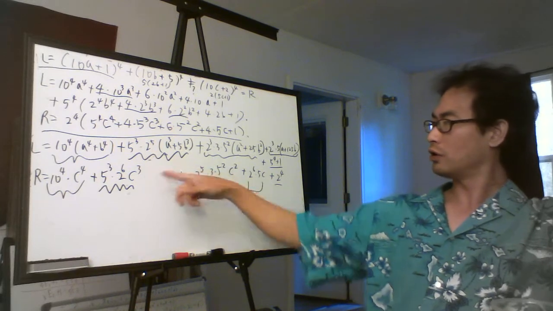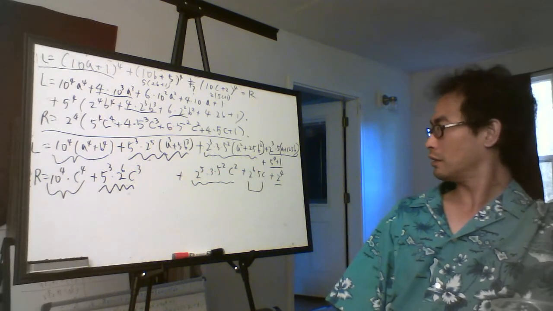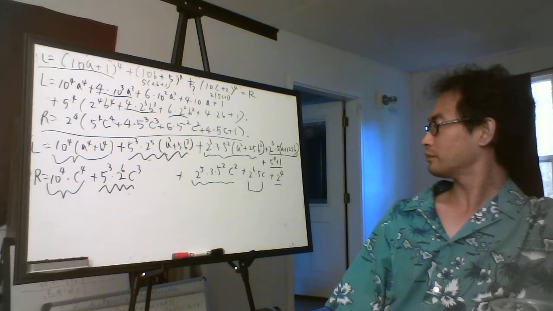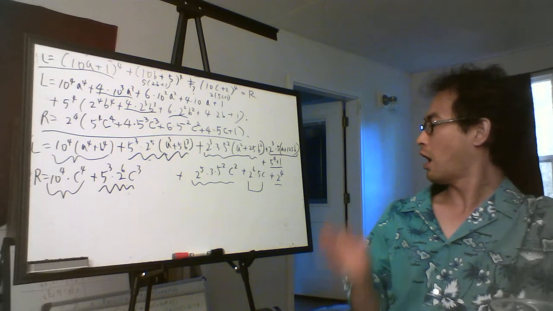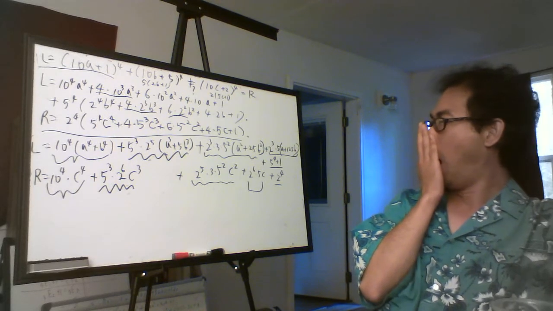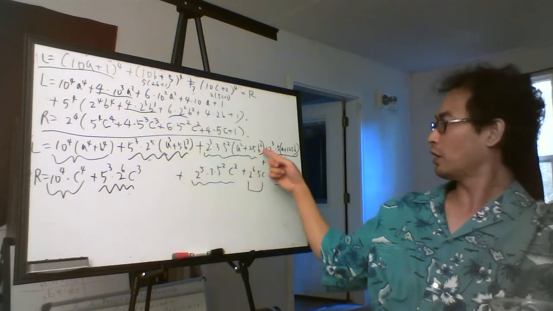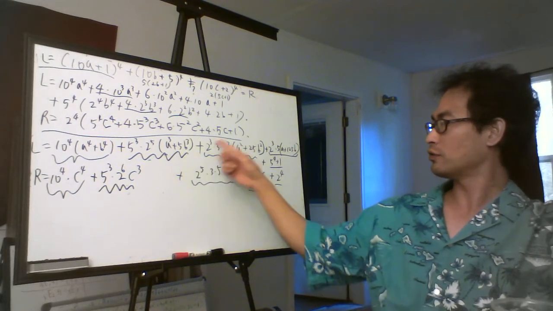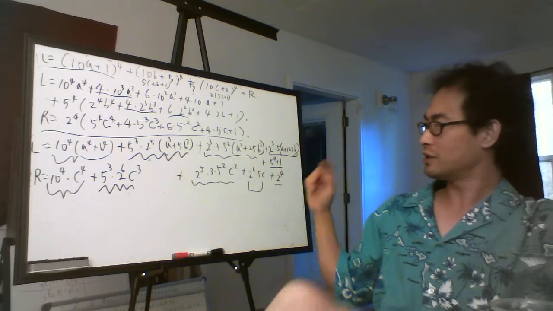Difference one, two, three. We see that much. Five, 25, 125. So five to the fourth, five to the second, five to the third. We see that.